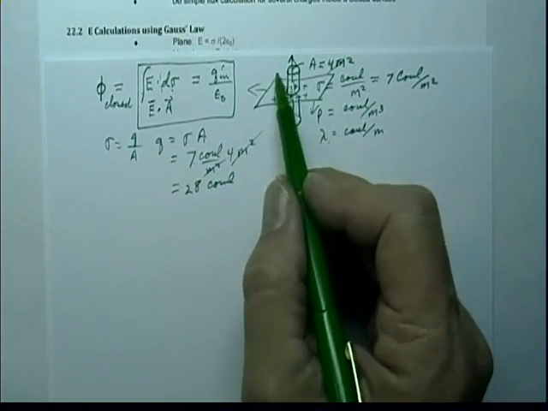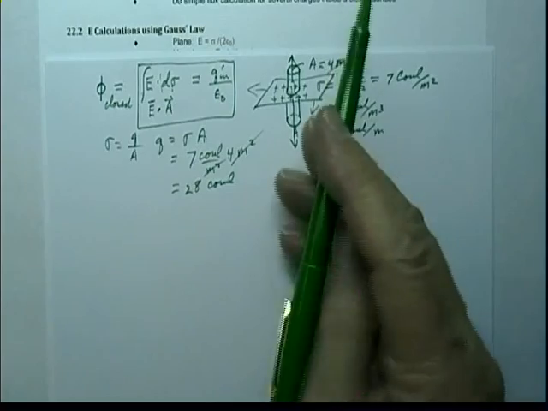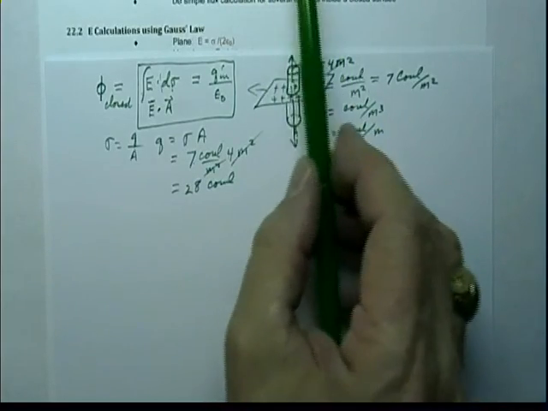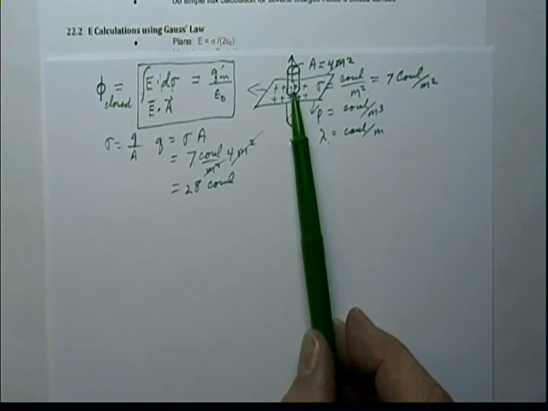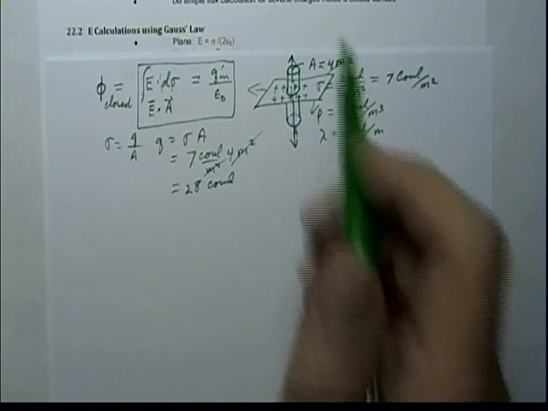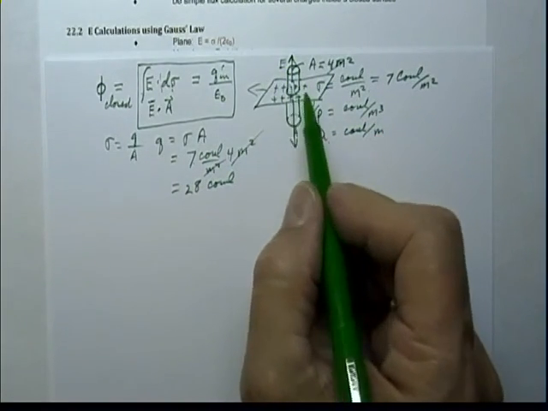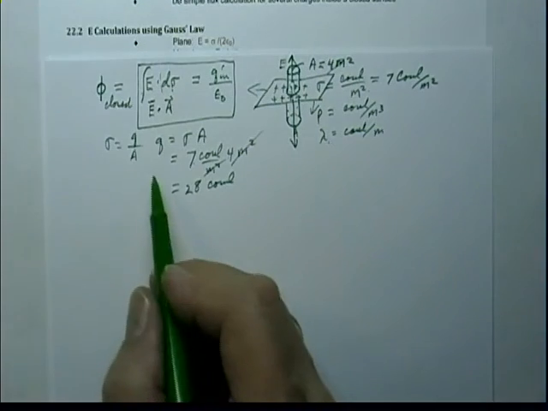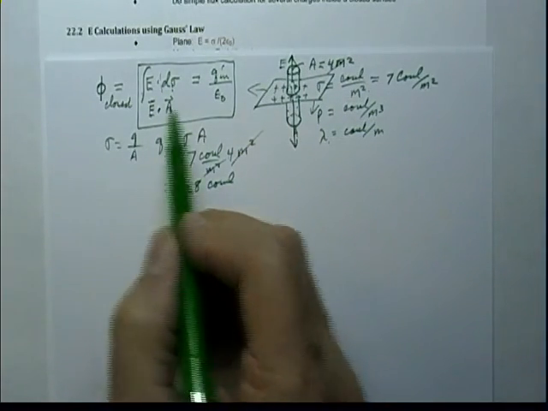It can't aim to one side or another because the plane is the same in every direction. So the electric field must go straight away from the plane because it goes away from positive charge. Therefore, none of the electric field, this is the electric field I've drawn here, can go through the sides.